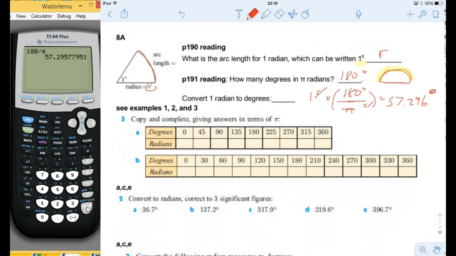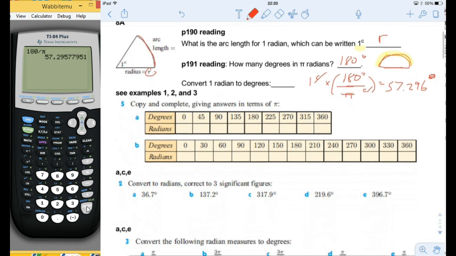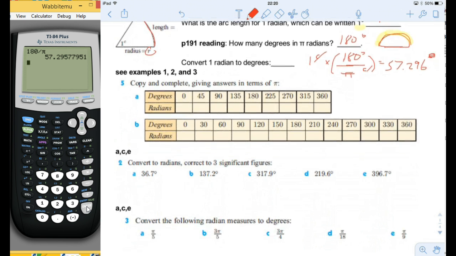Very close to 60 degrees, which makes sense, right? Because if you cut up a pizza in 6 slices, it'd be 60 degrees each, and there's about 6 radians in a pizza. Okay, copy and complete giving answers in terms of pi.